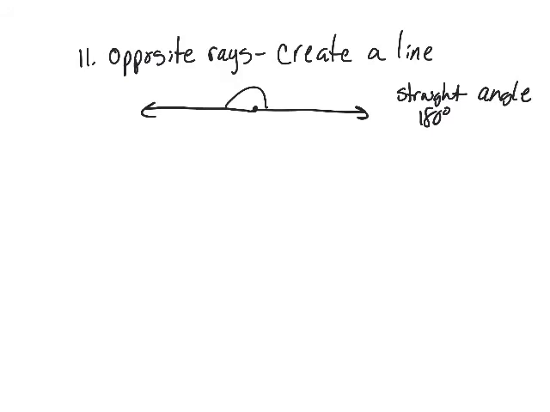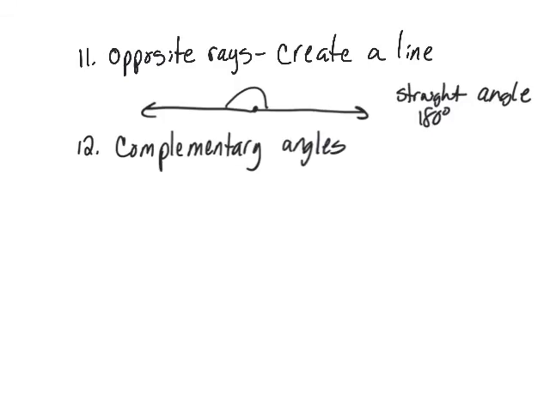So some other special names for angles. Complementary angles. Okay, complementary angles add to 90 degrees. All right, they don't have to be connected to each other. They're just 2 angles. When you add them up, they add to 90.